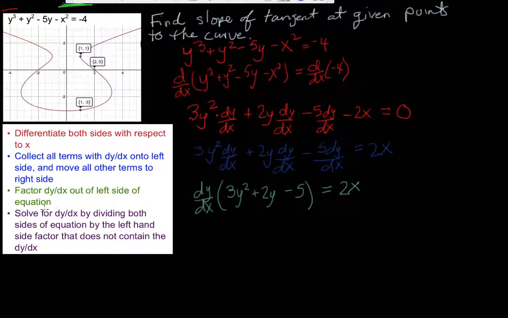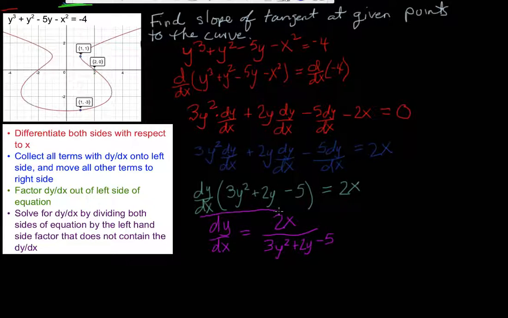We're going to solve for dy/dx. dy/dx is going to be 2x, and I'm going to divide by the factor on the left side that does not contain the dy/dx, so that's 3y squared plus 2y minus 5. And so we'll get 2x over 3y squared plus 2y minus 5.